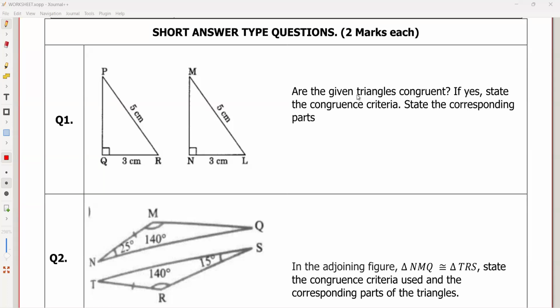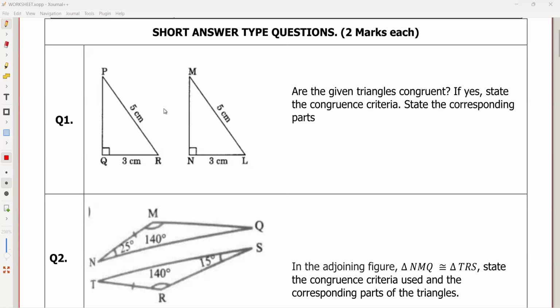Now state the corresponding parts. Sir, PR is corresponding to ML and QR is corresponding to NL. PQ corresponds to NM.